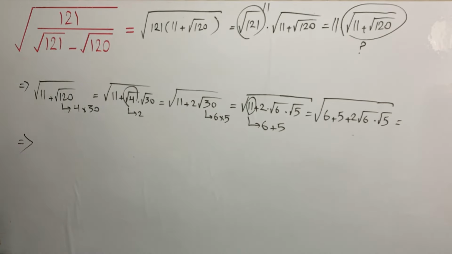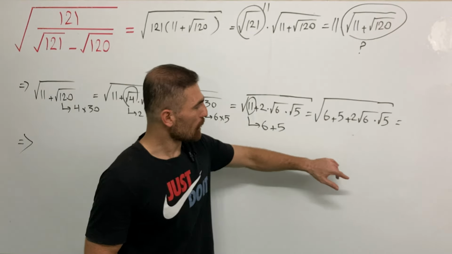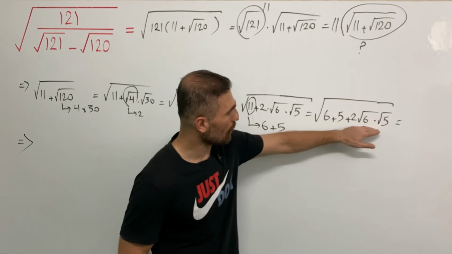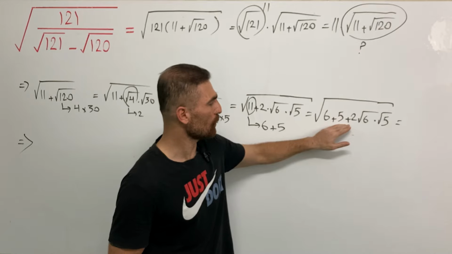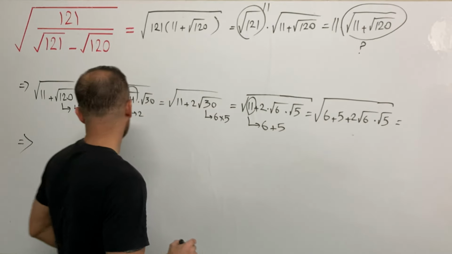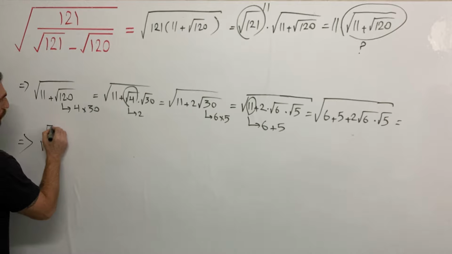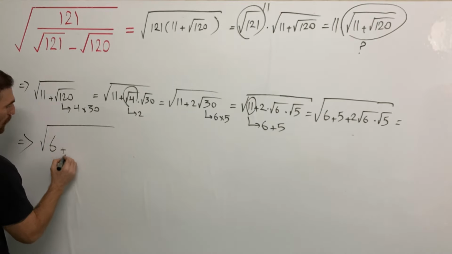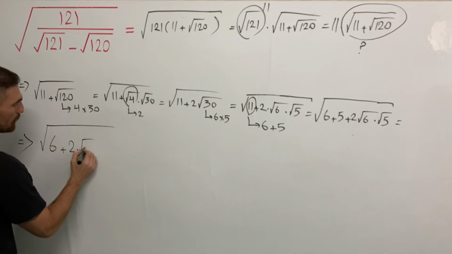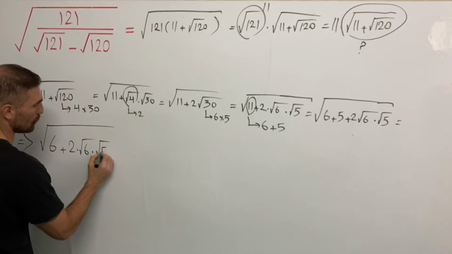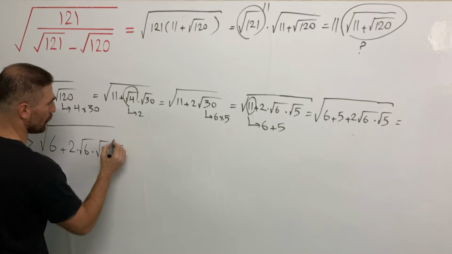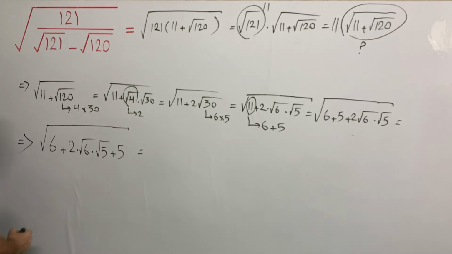Let me write the solution here. First, let me change the place of this term and this term. After a few seconds, you will see why. I write it in the form of 6 plus 2 times the square root of 6 times the square root of 5 plus 5. But what is this?